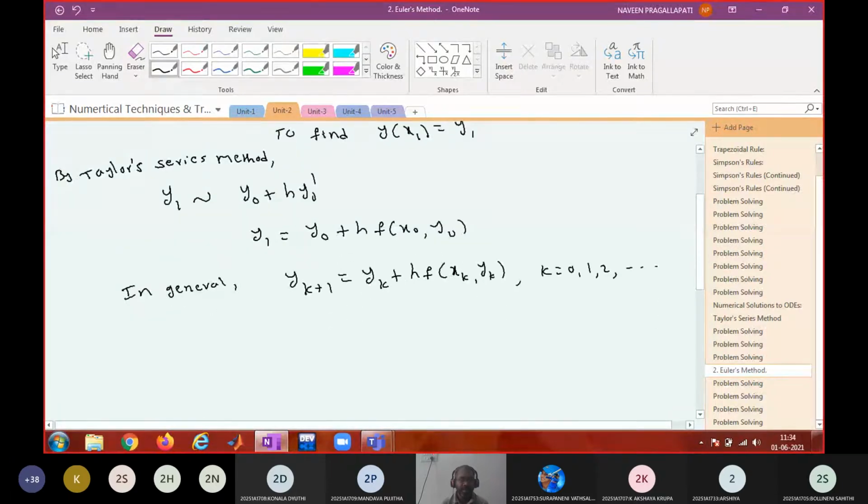Take the first problem which we did already in the Taylor series method. Find y of 0.2 if y dash equals x square plus y square with y of 0 equal to 1, by Euler's method.